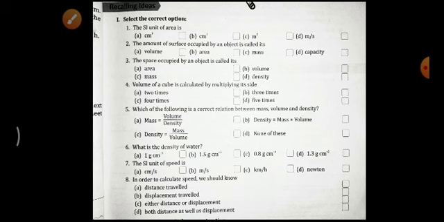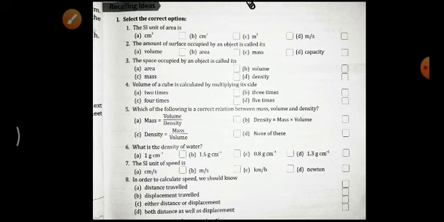Then the next question, question number 3. The space occupied by an object is called its what? Here the options are given: area, volume, mass, density. What will be the correct option? Area, already we have discussed. Then volume or mass or density, which one? Mass means the amount of matter contained in an object is called mass.